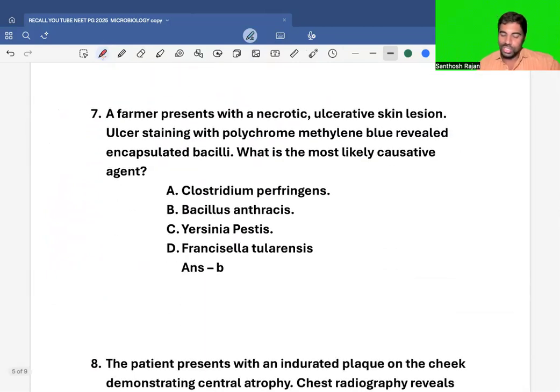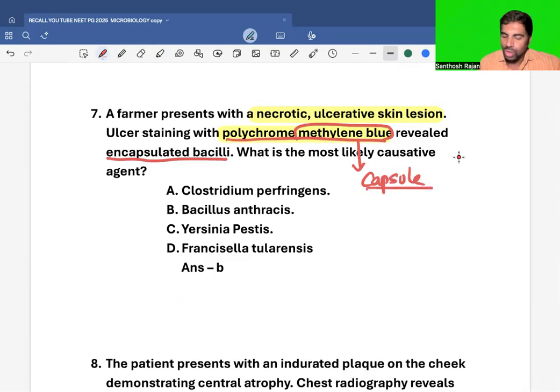Next question. A farmer presents with a necrotic ulcerative skin lesion. On ulcer staining with polychrome methylene blue, an encapsulated bacteria is seen. You already have a clue there: methylene blue. Generally for capsules you do negative staining, India ink or nigrosin.